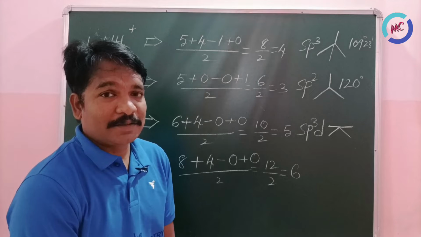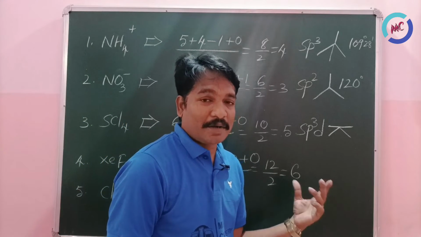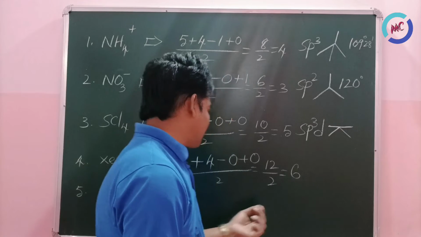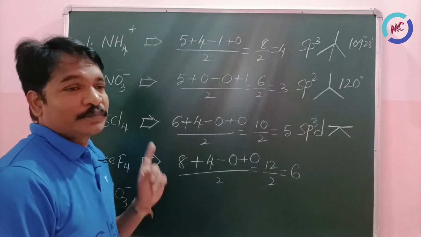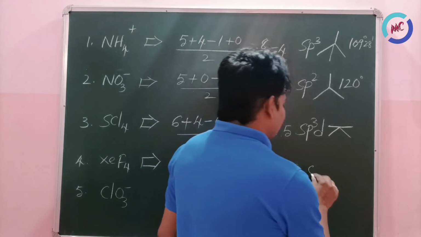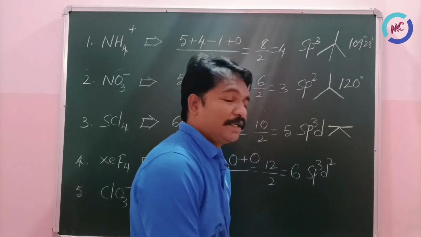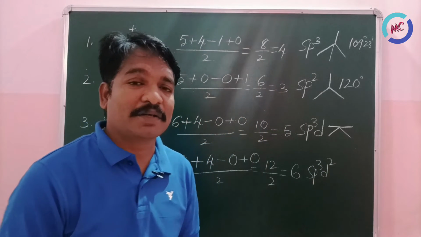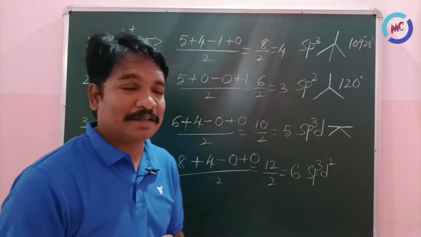If it is 6, what is the shape? The shape of the molecule is octahedral. But here there are not 6 side atoms, it has only 4 side atoms. sp3d2 with expected shape octahedral, having only 4 side atoms, is square planar.